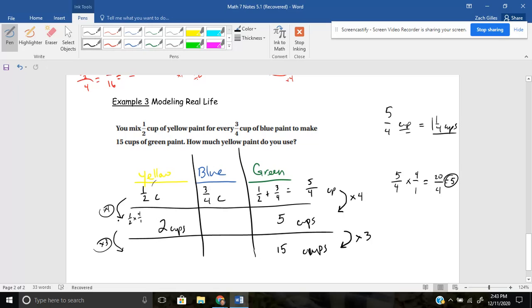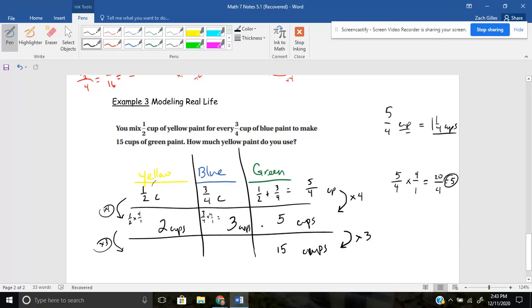And what's 3/4 times 4? 3/4 times 4 over 1. 12/4, which is 3 cups. Okay? And does that make sense? Is 2 plus 3 5? Absolutely. Look at how that worked out.